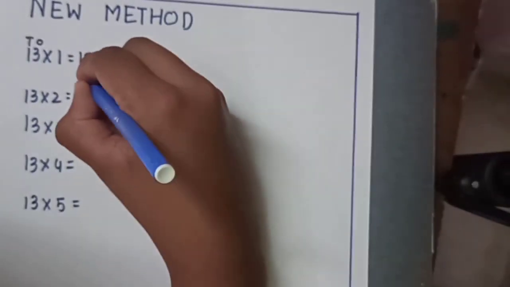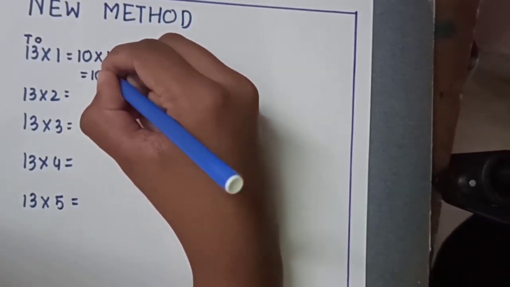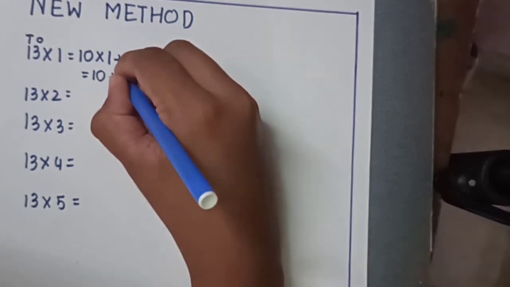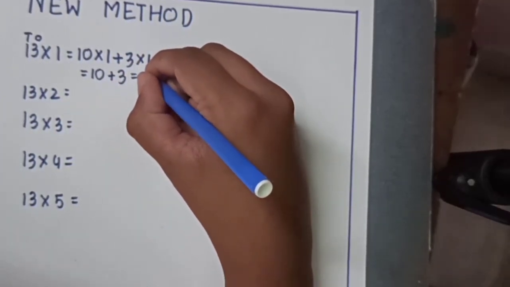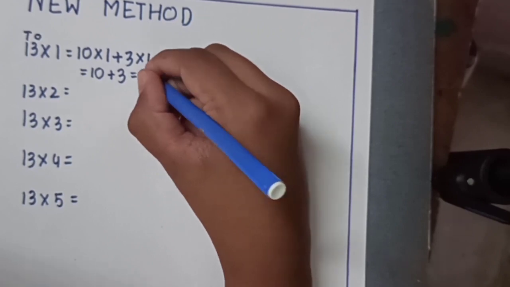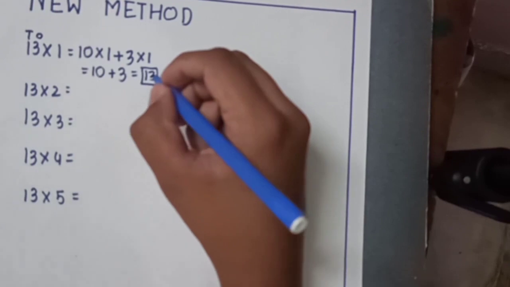That gives 10 into 1 is 10 plus 3 into 1 is 3. So we get 13. The answer we obtained is 13. 13 ones are 13.